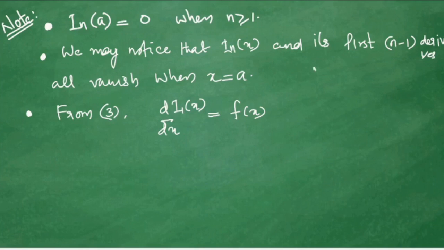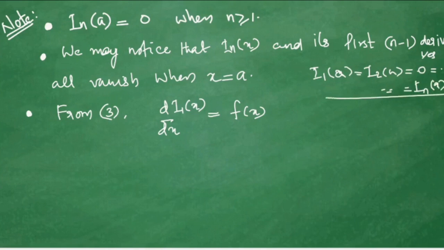That means I1 of a, I2 of a, all are equal to 0, equal to I n of a. All of this is equal to 0, since I n of x is the integral from a to x. So when x becomes a, the integral becomes integral a to a, and that will make it 0.